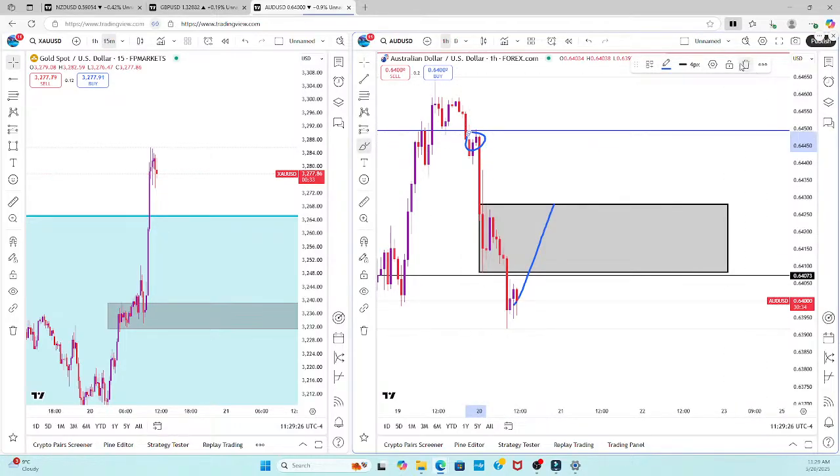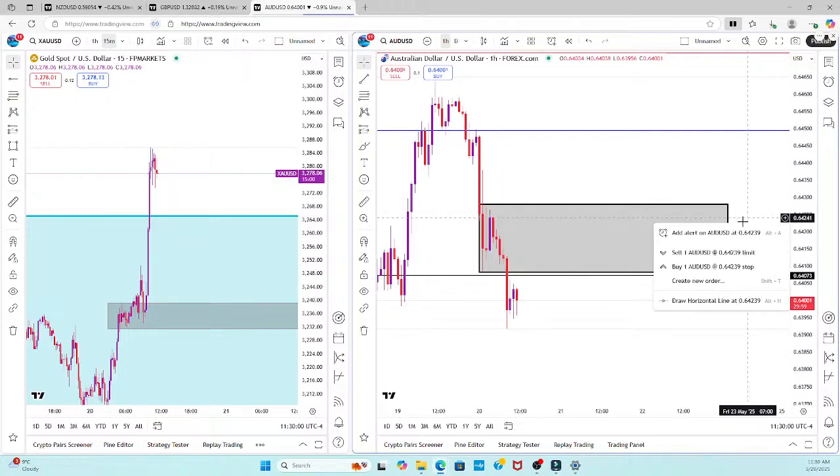Every time, whenever you're shorting from a previous lower high, you want to make sure you set your stop loss above the next lower high because you don't want to get stopped out. Sometimes the price tends to break this lower high and then it will come back down. Okay, so the area to short AUD USD is starting from 64.24 to 64.28.